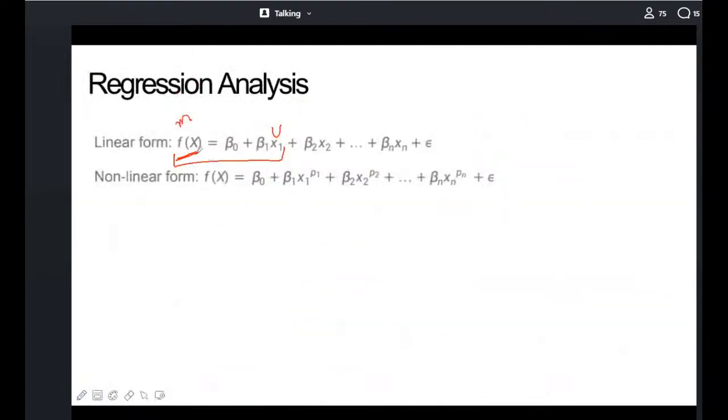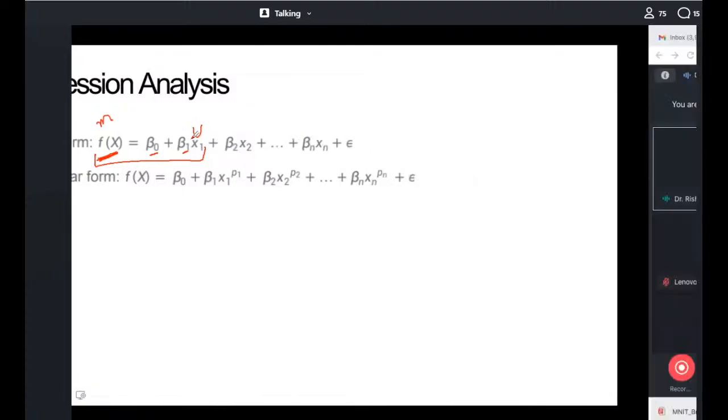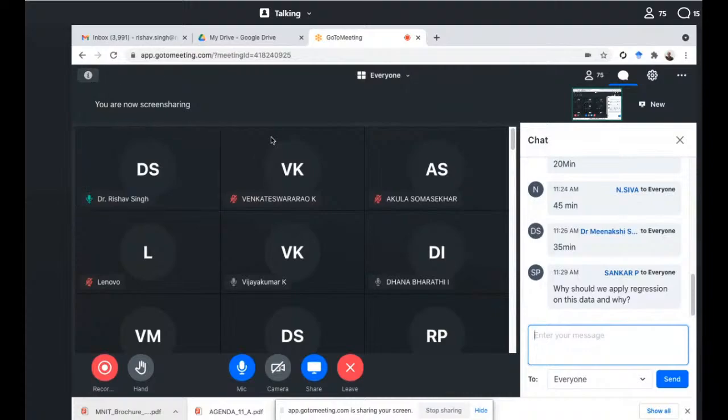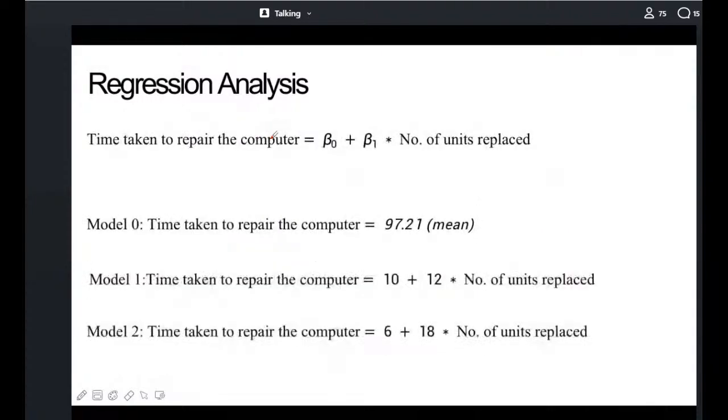This is a predicted formula. You have to determine the C and the M value. The line which you are saying is again a regression. It doesn't mean that only if it is non-linear do we apply regression. A line is actually a representation of simple linear regression. Let me put it this way, Shankar, and this is for everyone.